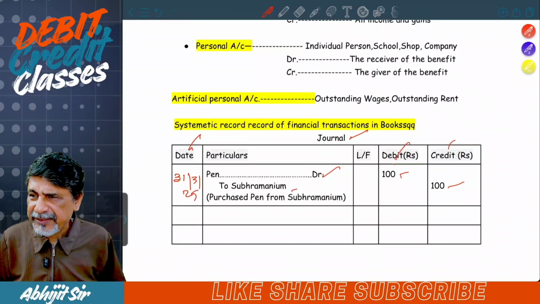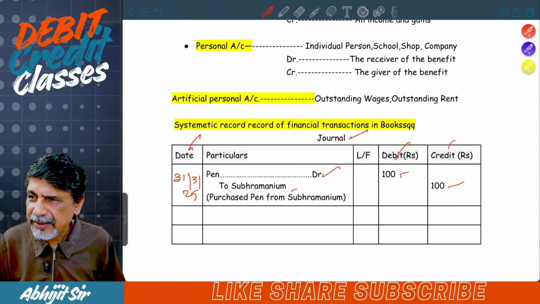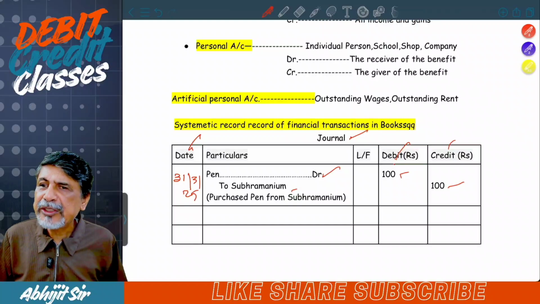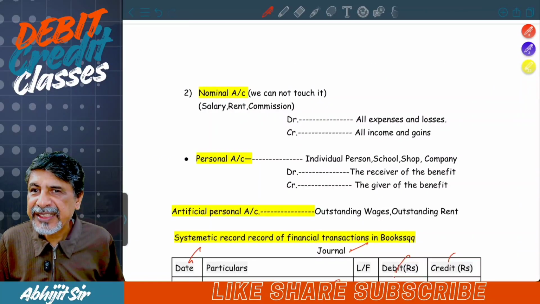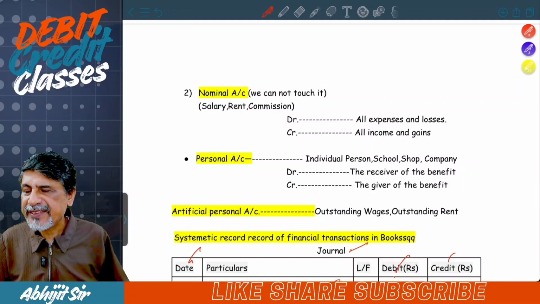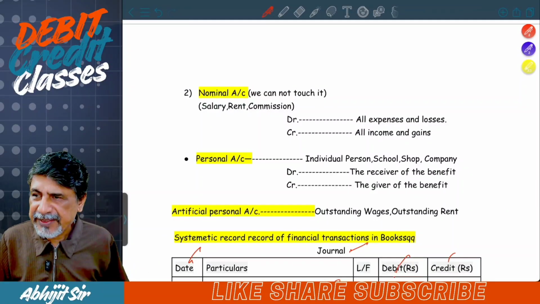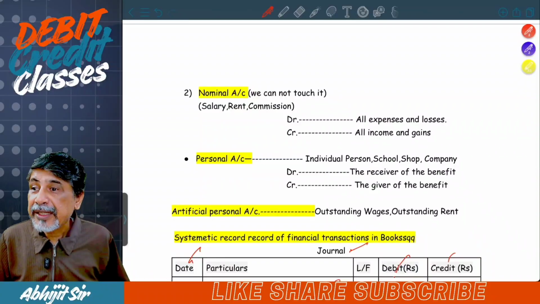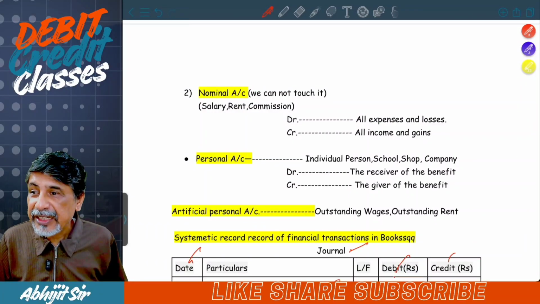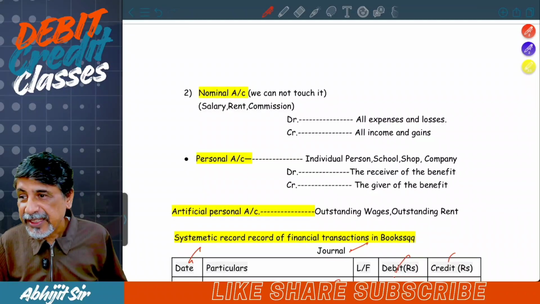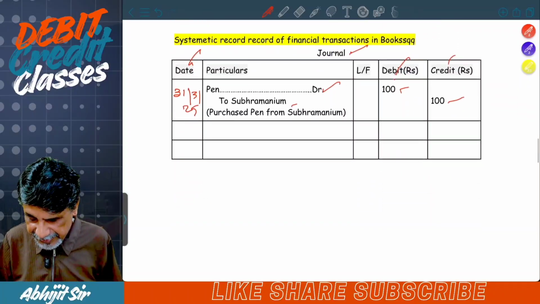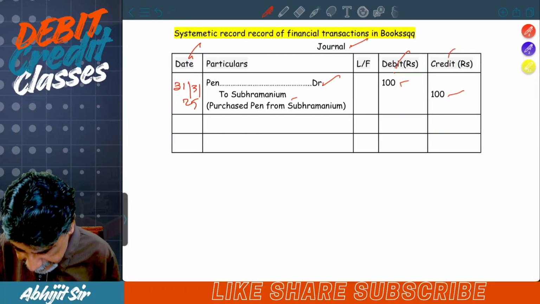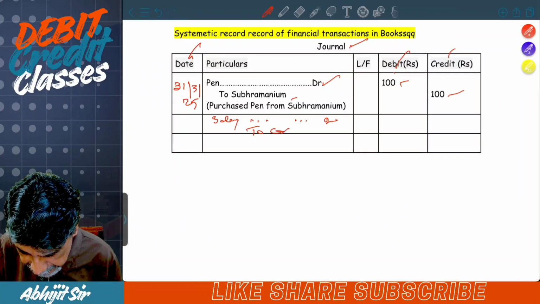If you paid salary, salary is a nominal account. What is the rule of nominal account? Debit all expenses and losses, credit all income and gains. If we paid salary to someone, this is our expense, so salary account is debited. And what paid? Cash. Cash account is credited because cash is a real account: debit what comes in, credit what goes out. Cash goes out, hence cash is credited. So the entry will be salary debit to cash.